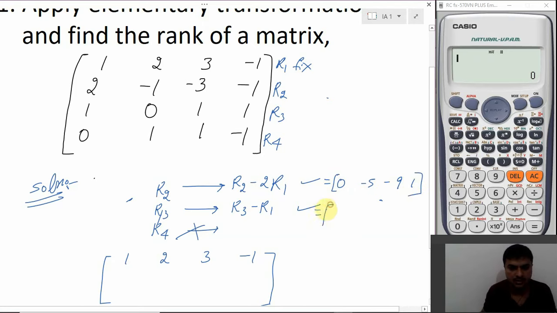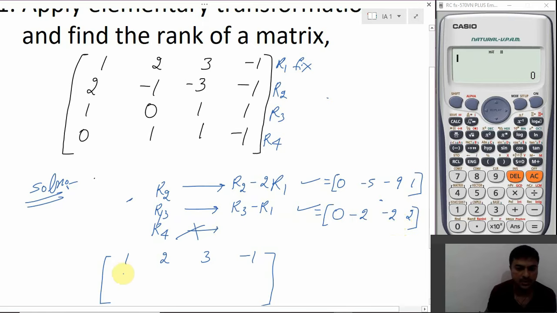And this simplification: 1 minus 1 is 0, right? 0 minus 2 is minus 2. Again this is minus 2 and 2. You can do it in the calculator if you want, but subtraction and addition you should never do in the calculator. Easily you have to simplify it.